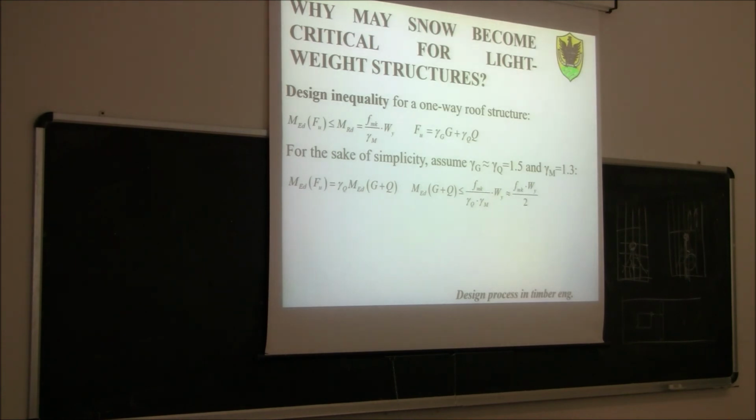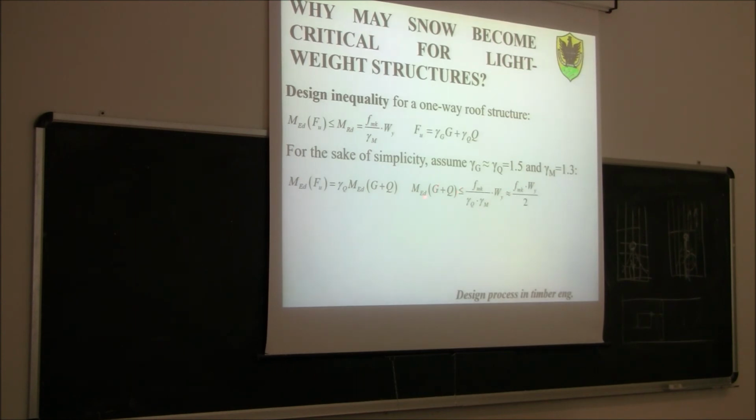Okay, what does this mean? If I want to get to the actual failure, so in which situation we will get the actual failure of the roof? To get to the actual failure of the roof, I need to reach FMK. Under the load G plus Q, as you can see, we are far away from the actual failure.